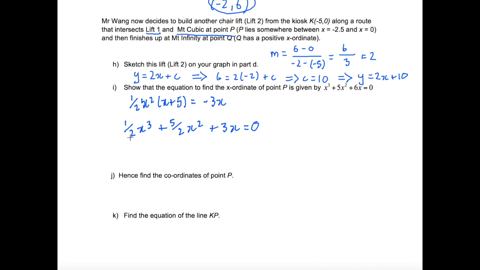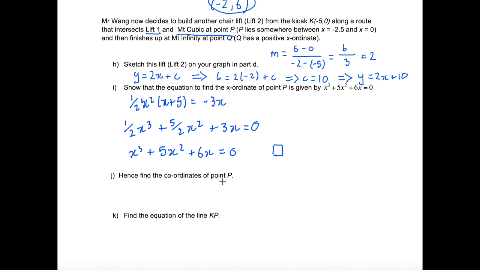If you don't believe it, have a look at Desmos and sketch both of these. We multiply everything by 2 to get rid of the halves, so it's x cubed plus 5x squared plus 6x equals 0, as required.